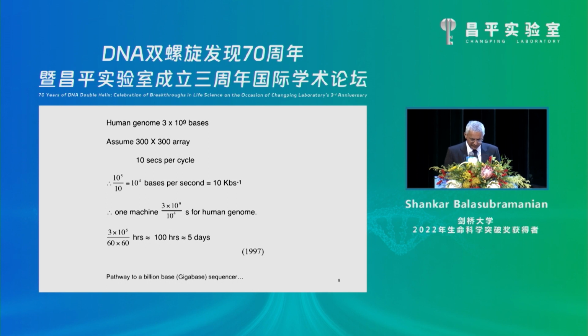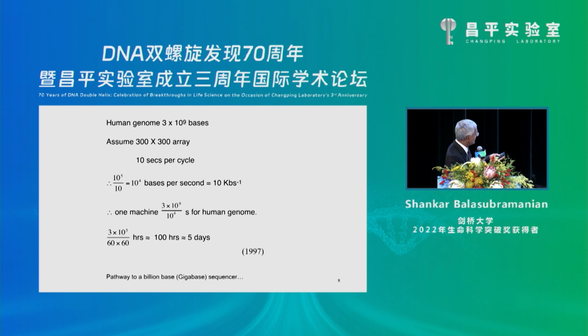So we did a very simple back of the envelope type calculation in '97. We made some assumptions that turned out to be incorrect, other assumptions turned out to be an underestimate of what was possible.